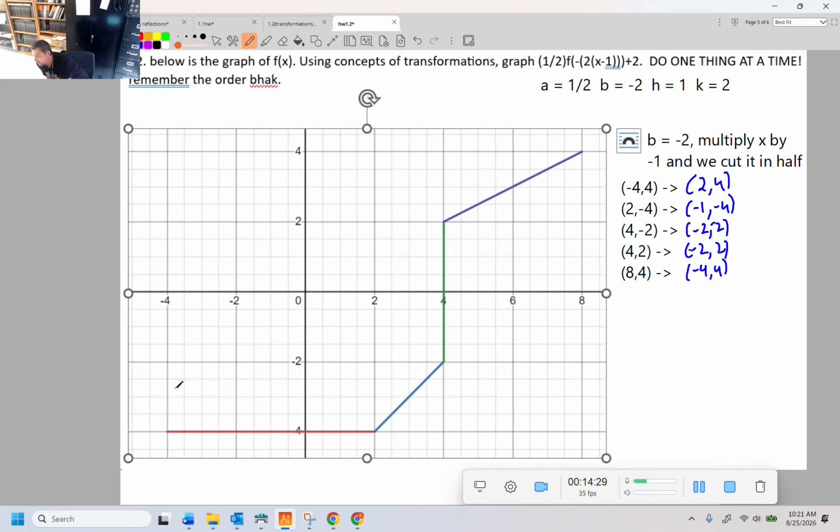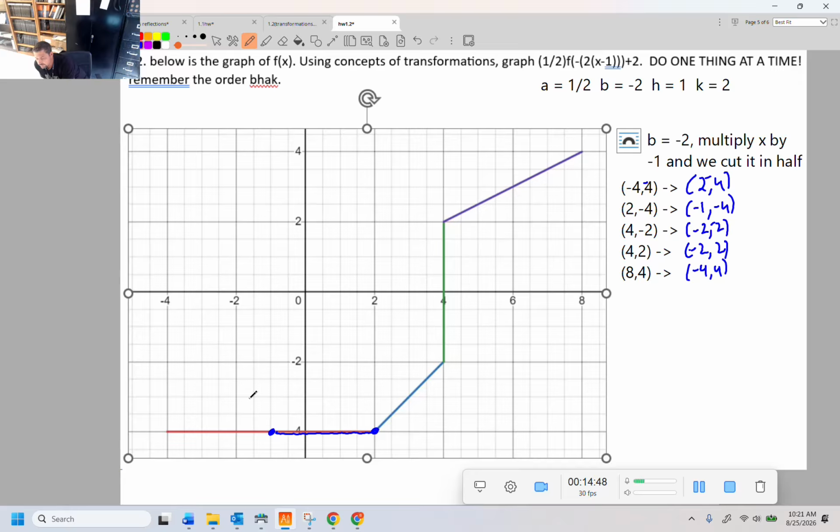All right, so lots of fun stuff on here. One of my new points is now at (-2, -4). It's going to be moved right here. (-1, -4): back 1, fall 4.